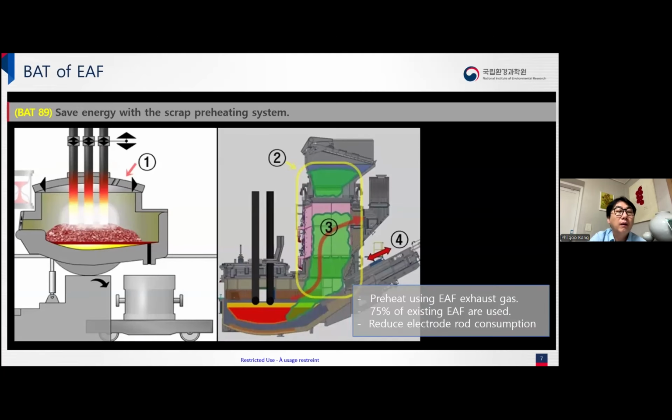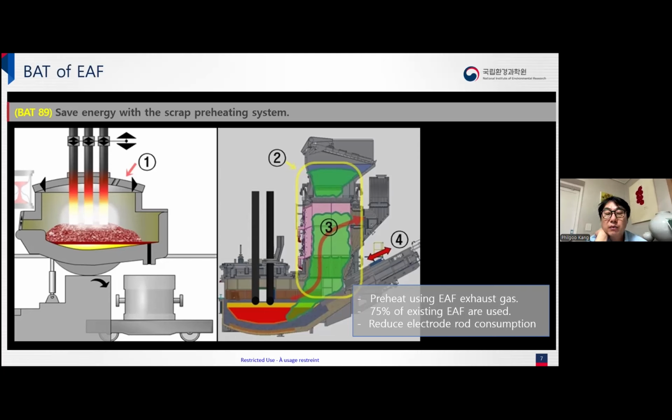Regarding the EAF, the main BAT of the electric arc furnace is preheating with a shaft furnace. The technique shown in the picture is the technique used by Dongkuk Steel in Korea. The electric arc furnace and shaft are attached.